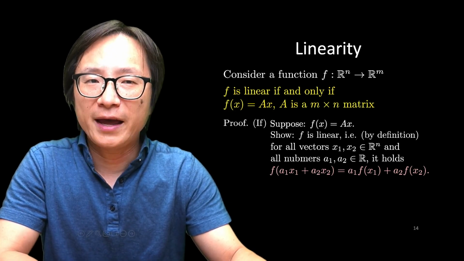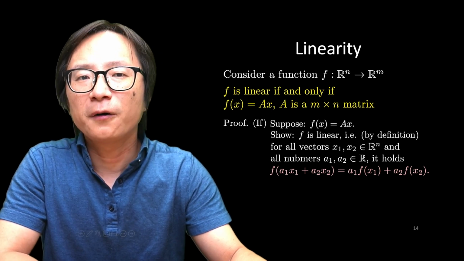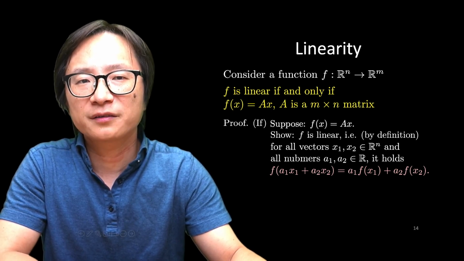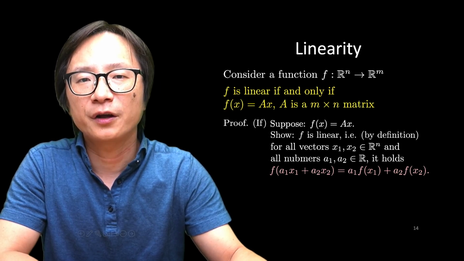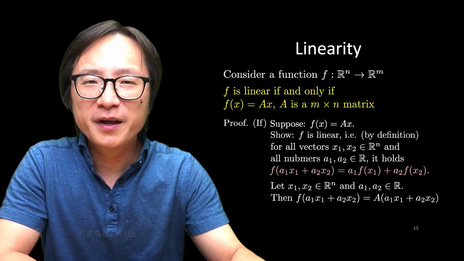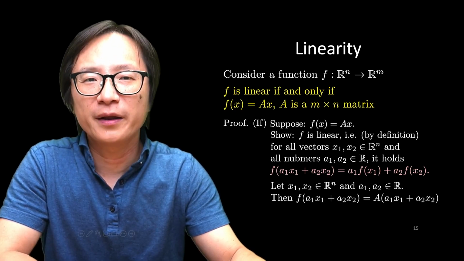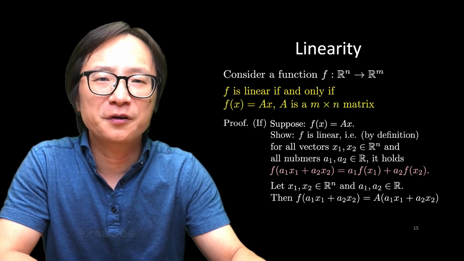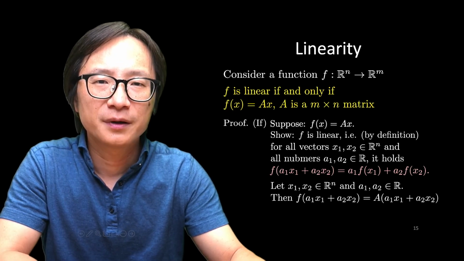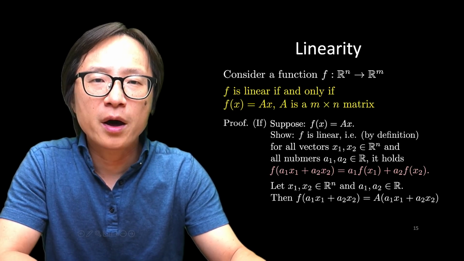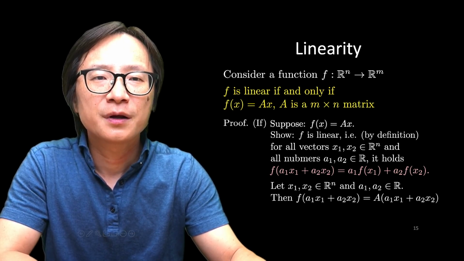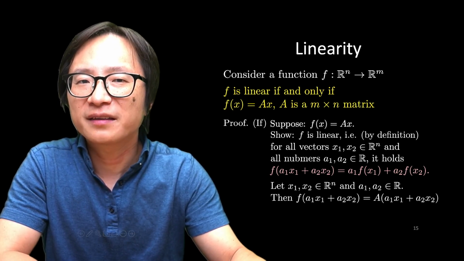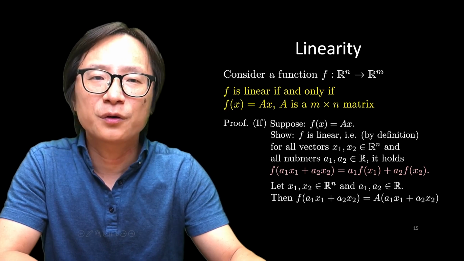Namely, and this is by definition, that for all vectors x1, x2 and all real numbers a1, a2, this equation should hold. So let's pick arbitrary vectors x1, x2 and arbitrary real numbers a1, a2. Then f(a1 x1 + a2 x2) is equal to, here let's use the assumption that f(x) is equal to Ax.